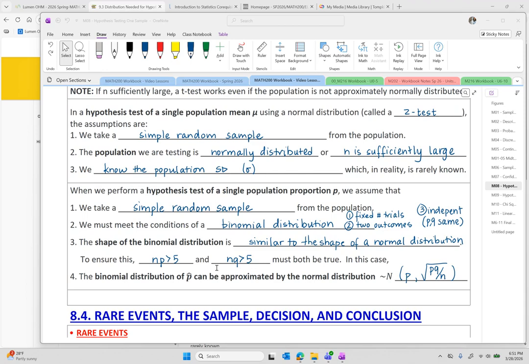The binomial distribution of p hat, which is the sample proportion, can be approximated by the normal distribution of the sample proportion, which has a mean of p and a standard deviation of the square root of p times q divided by n.